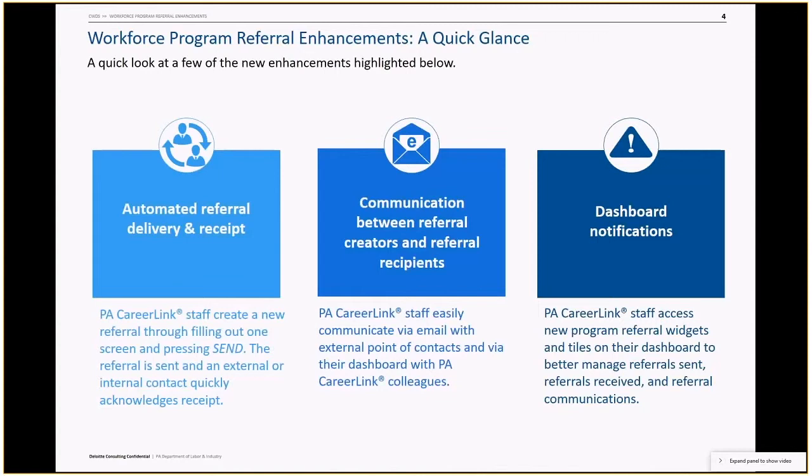There's a communications tab, so any communication that happens will be recorded. And then there's an outcome tab where you can change the outcome and mark the referral as successful or not. And the final point there, the dashboard notifications, by way of your CWDS 2.0 case management dashboard.